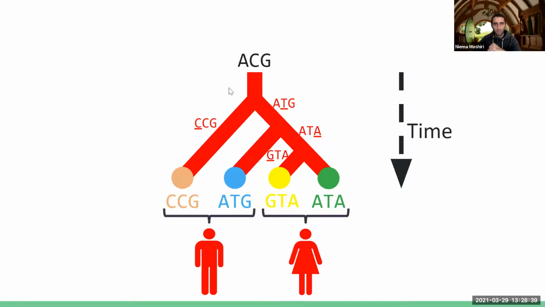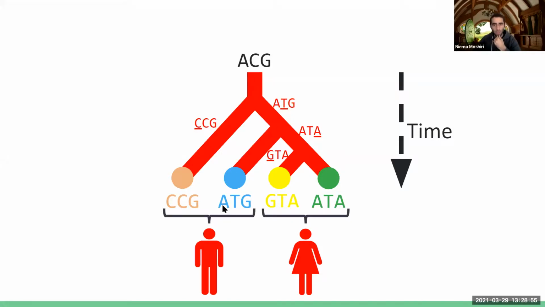Down this branch, the first letter, the A, mutated into a C. Down this branch right here, the C mutated to a T, and then everything below that mutation inherits it.